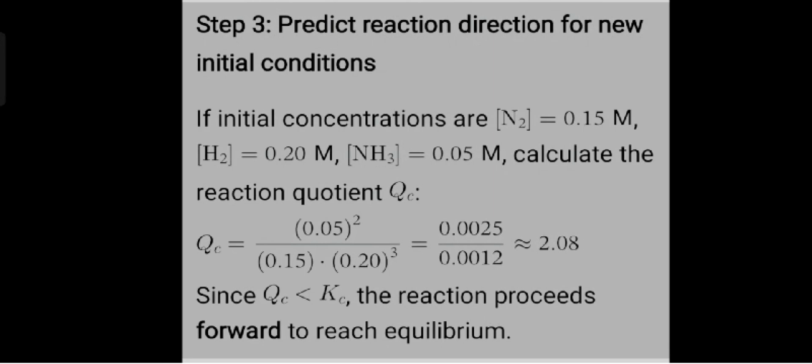Since Q is less than K, the reaction proceeds forward to reach equilibrium.